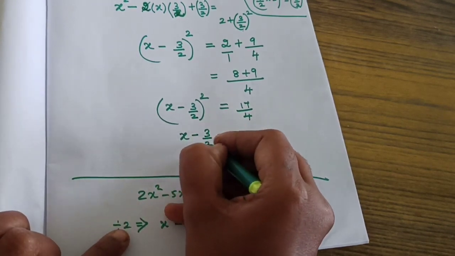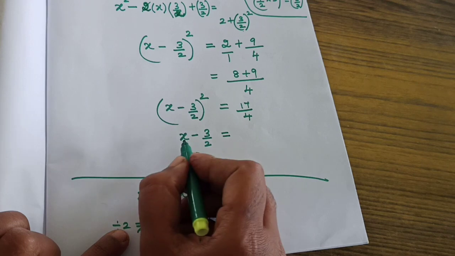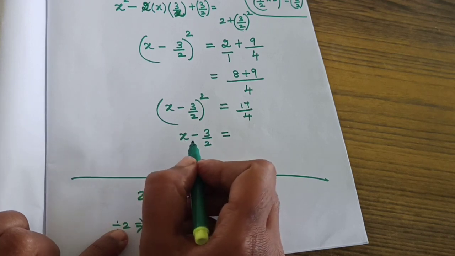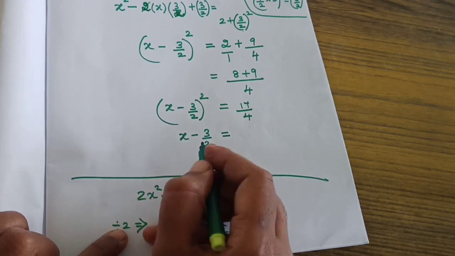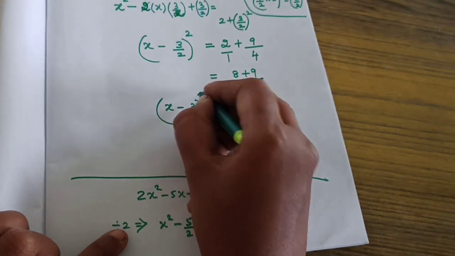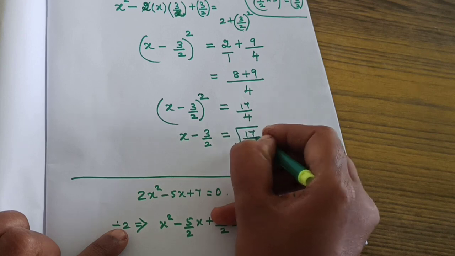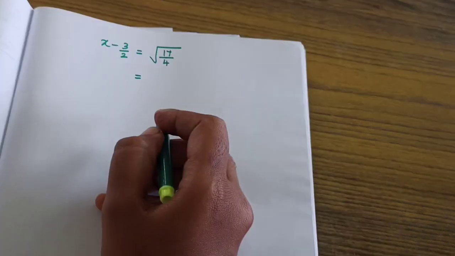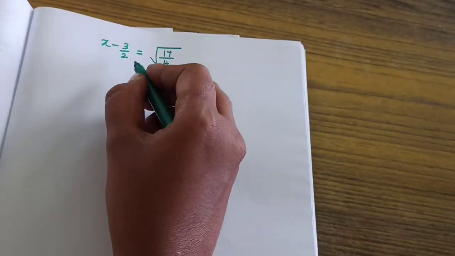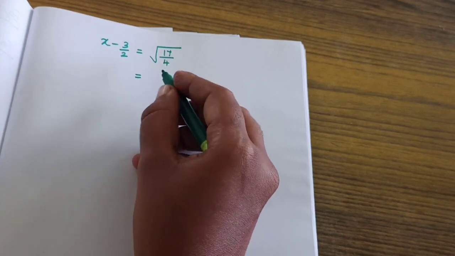X minus 3 by 2, which is equal to, we need to find the value of x. Solving means the unknown value, x value only we need to find. So this square transposed to that side means square root of 17 by 4. Okay, listen, x minus 3 by 2 equal to square root of 17 by 4.